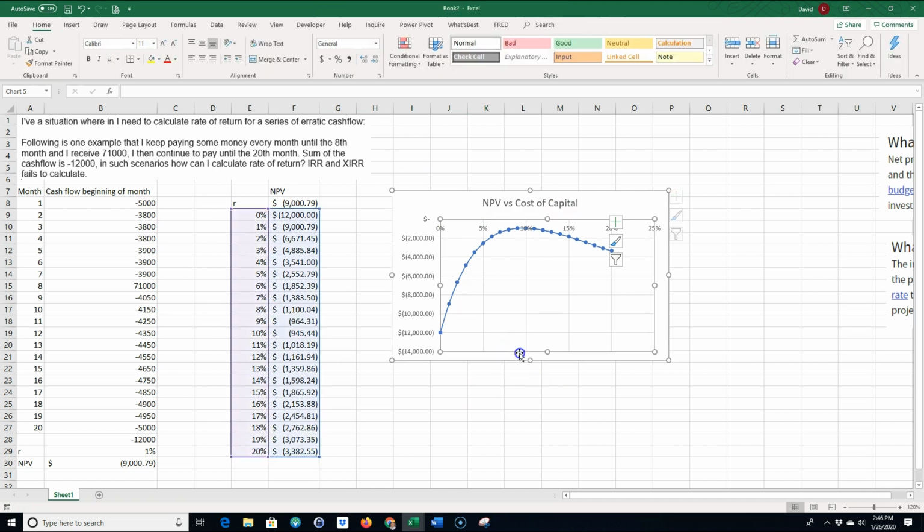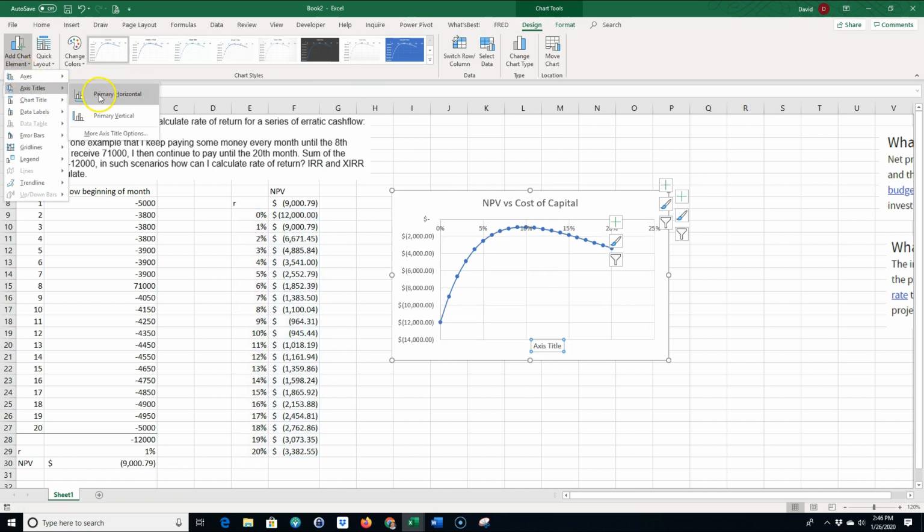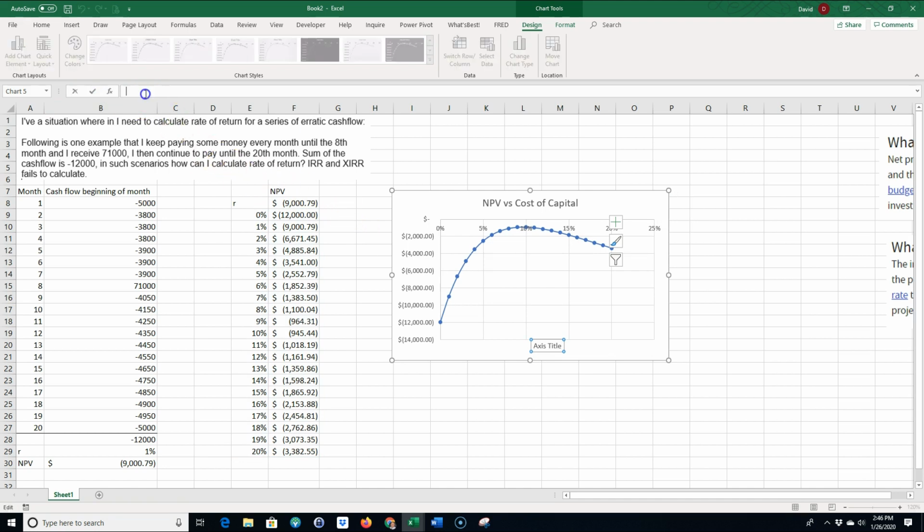Okay. And we can insert some axis titles. I can go up here to Design, Add Chart Element, and go to Axis Titles, Primary Horizontal. I'm going to go equals, and that would be R, right? Enter.